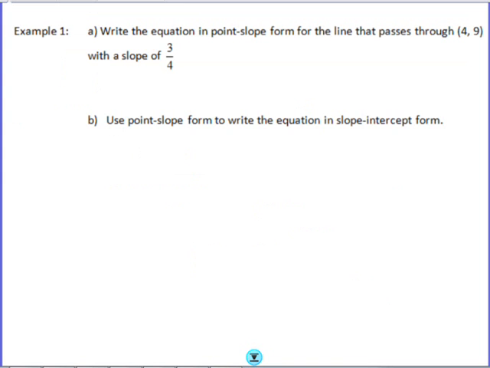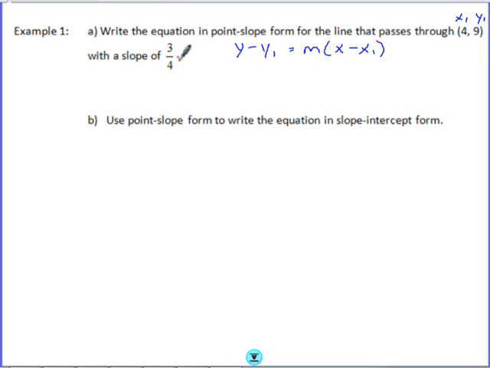So now we're going to write the equation in point-slope form. Alright, for the line that passes through the point (4, 9) and has a slope of 3/4. So point-slope form, y minus y1 equals slope times x minus x1, and we're going to fill in the information. The ordered pair is going to go in the x1, y1 spot.